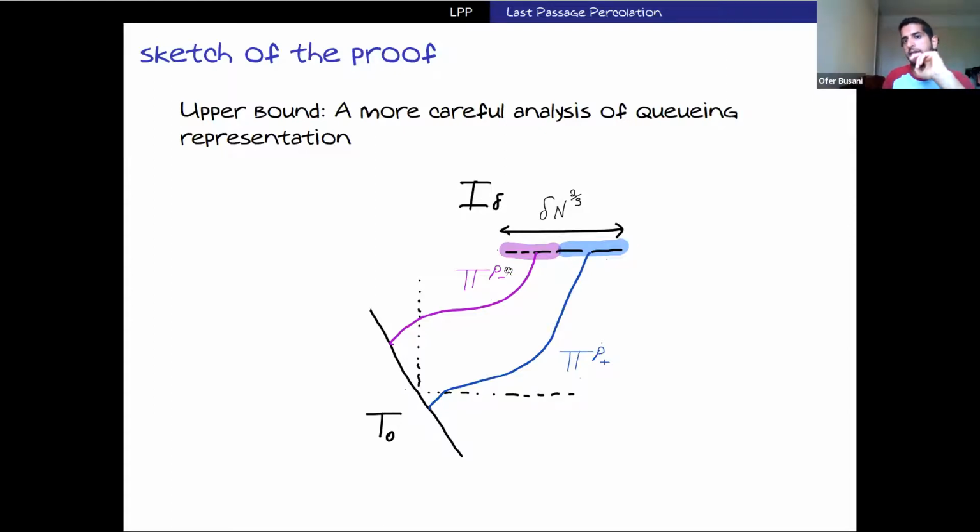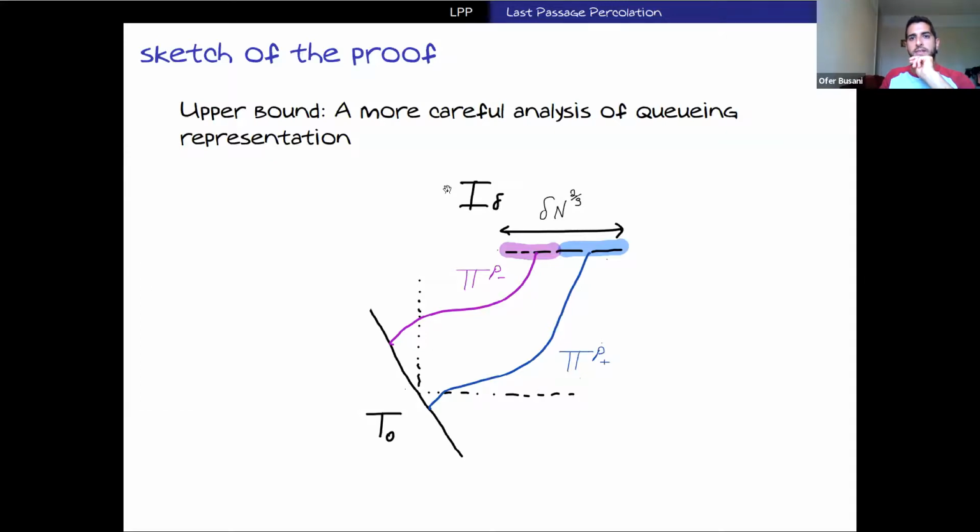Let's say the purple goes on the left-hand side and the blue on the right-hand side, and in order to force them to break off from each other, we needed to go deeper into this queuing story.